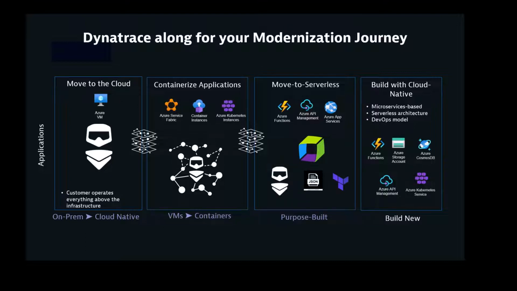As you modernize from VMs to microservices, or even to containerized solutions such as Azure Container Services or Azure Kubernetes, Dynatrace is right by your side to give you deep insights into the health and availability of your application. For serverless platforms like Azure Functions and Azure App Services, Dynatrace provides One Agent to help monitor those platforms as well.